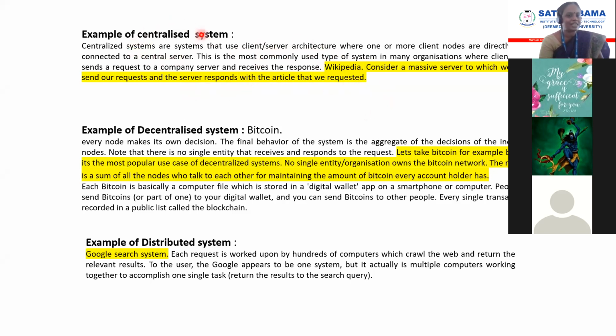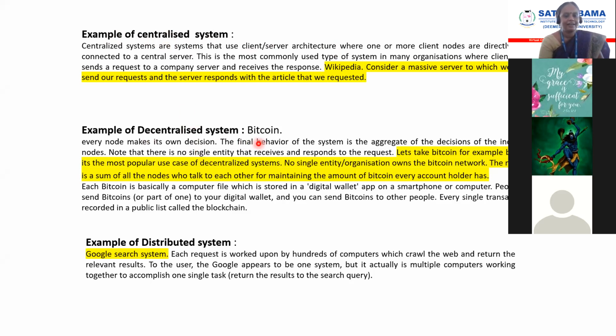That is an example of a centralized system. It is nothing but a client server architecture, where a single client and single server are there. According to the client request, the massive server gets our request, responds to it, and the particular page is displayed. That is a centralized system.